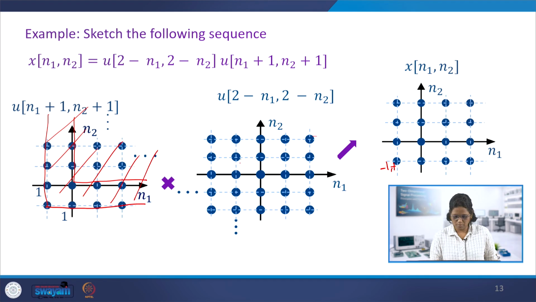Though one has values above it, the other signal exists only up to here. So the sequence we get is x of n1 comma n2. This is the plot of a shifted sequence and the product of two sequences.